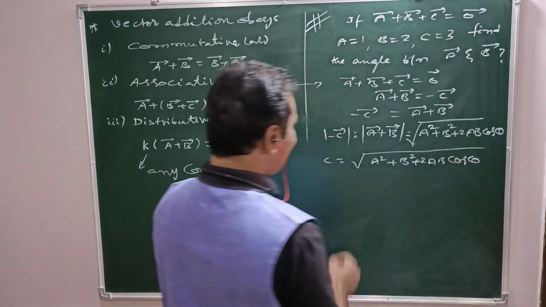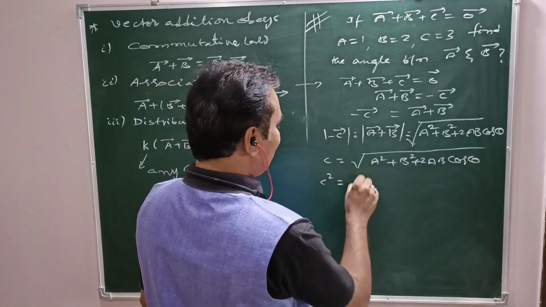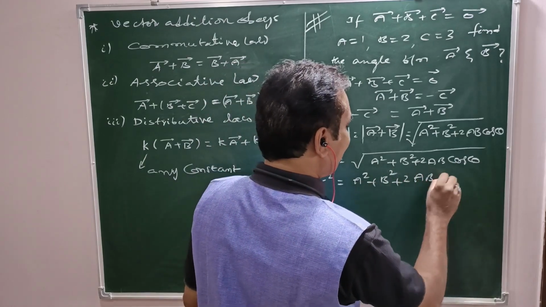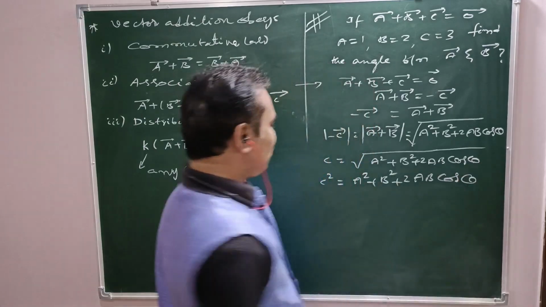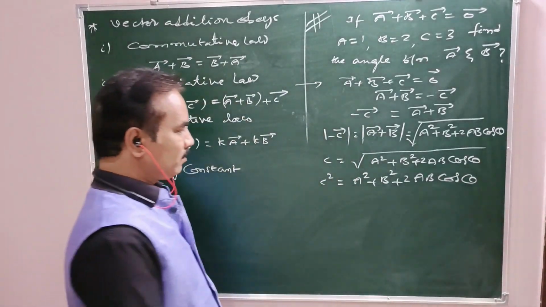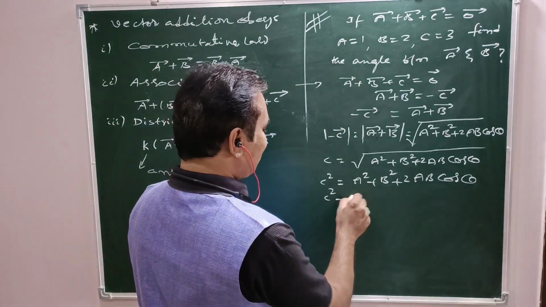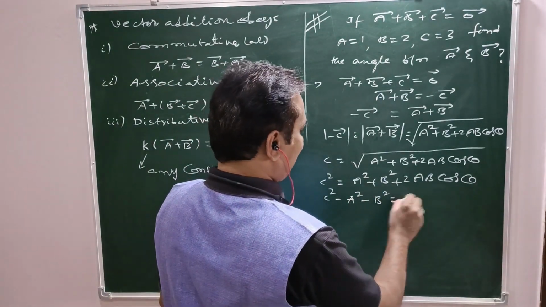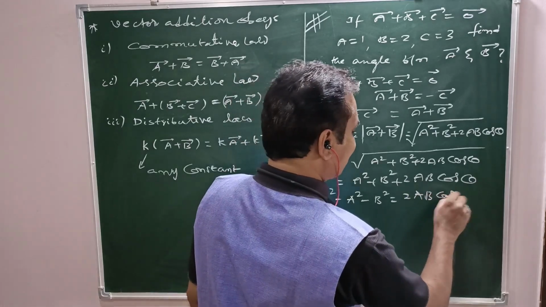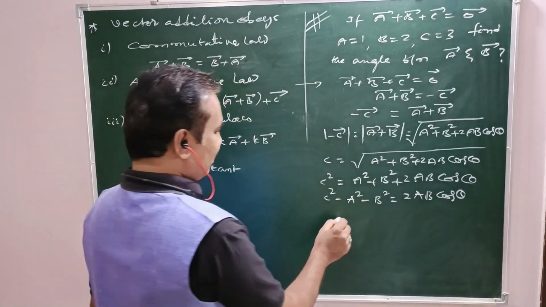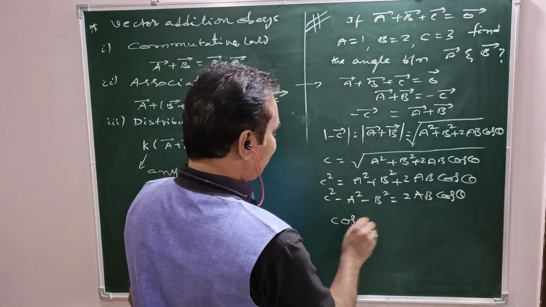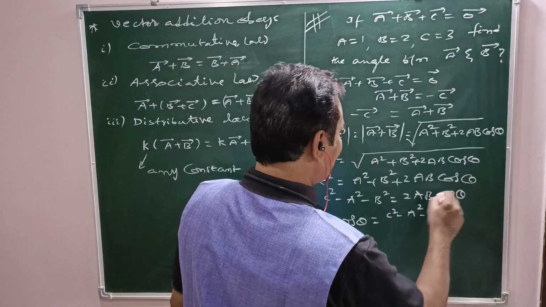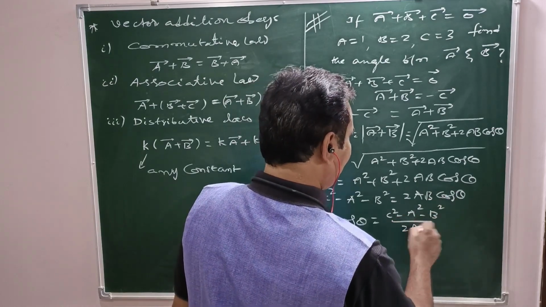On squaring both sides, C square equals A square plus B square plus 2AB cos theta. Now, C square minus A square minus B square equals 2AB cos theta. That is, cos theta equals (C square minus A square minus B square) by 2AB.